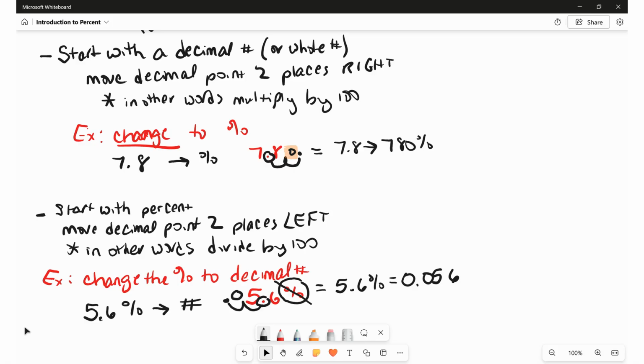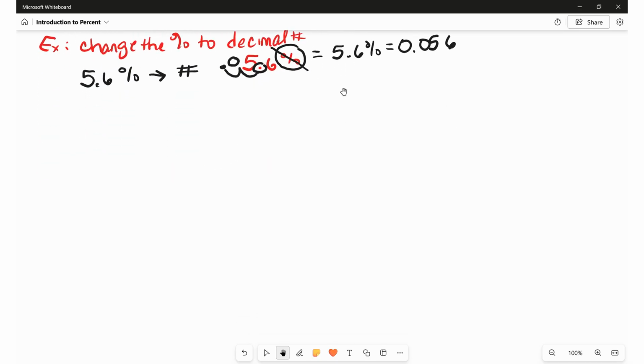Those are the big things that we need to deal with for percents as far as just changing them. There is one more thing that we can look at really quickly, and that is if we start with a fraction.